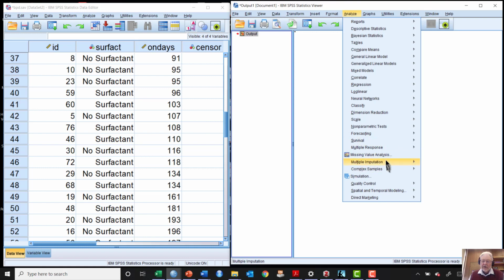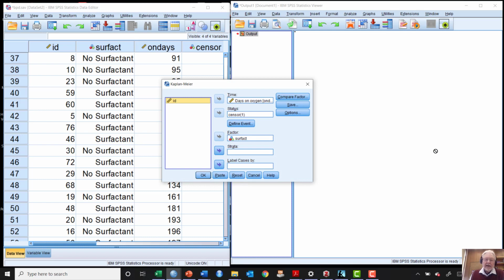So let's go to our Kaplan Meier. Let me reset this. Surfactant is our factor that we're testing. Days on oxygen is the time until they've stopped oxygen. So everybody is on oxygen at the beginning, and then it's the time until they stop.